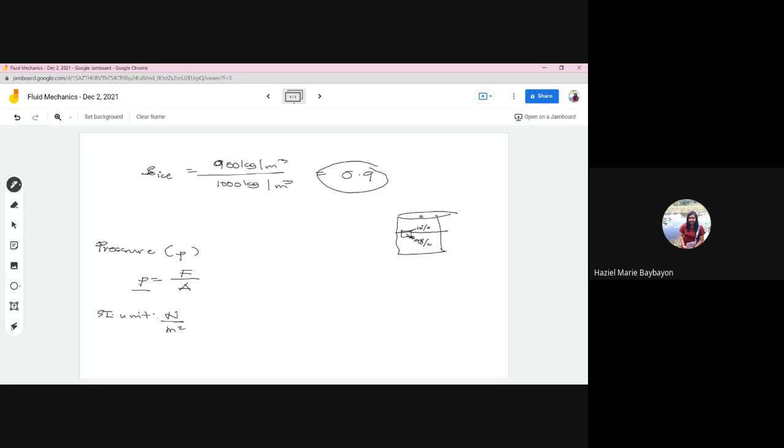So for example, class, let us change this into a pool, a swimming pool. If you notice, say for example, this is a 16 feet pool.